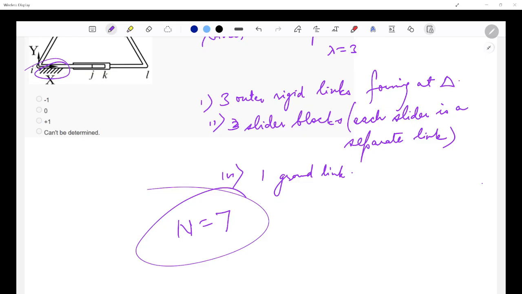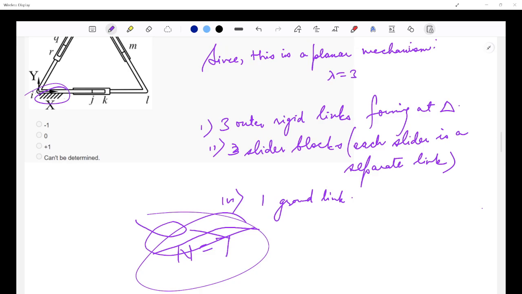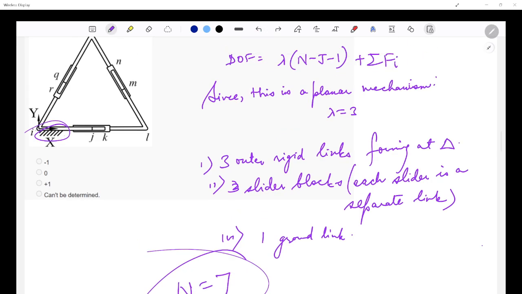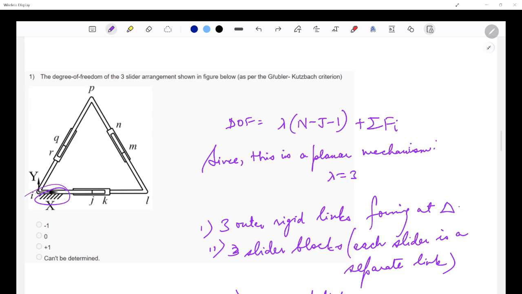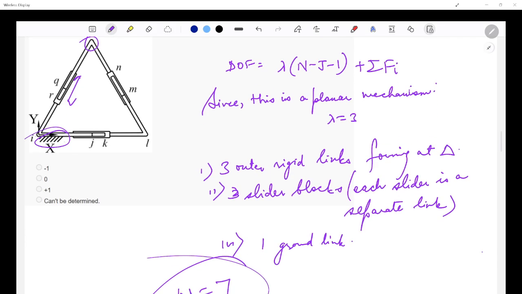Okay. If we count the joints, each slider arrangement has one prismatic joint, which is the slider, and one connection to the link. Okay. So total joints are how many? Can someone tell me? 3?